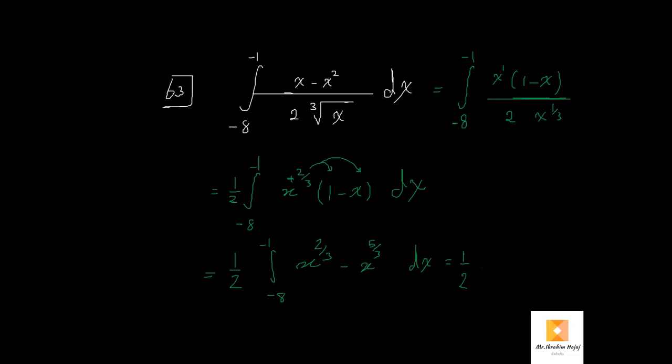Then add 1 to the exponent: x to the power of 5 over 3 over 5 over 3, minus x to the power of 8 over 3 over 8 over 3.